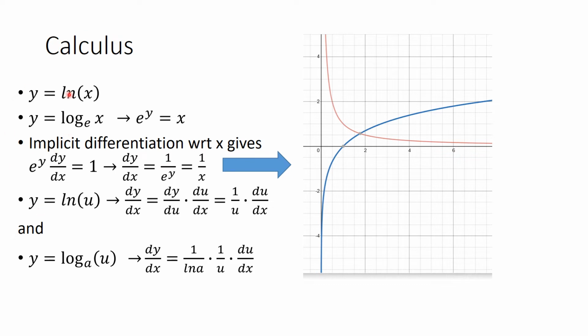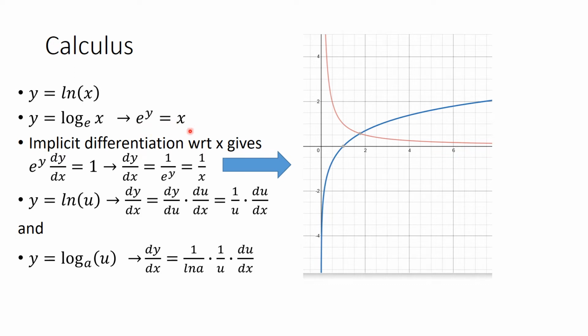Whenever we say y is equal to the natural logarithm of x, that means we are really talking about y is equal to the logarithm base e of x. This is called the logarithmic form, and the exponential form associated with it says that e to the y equals x.